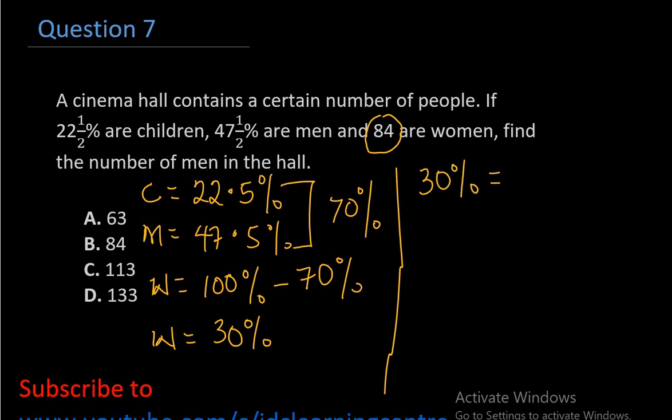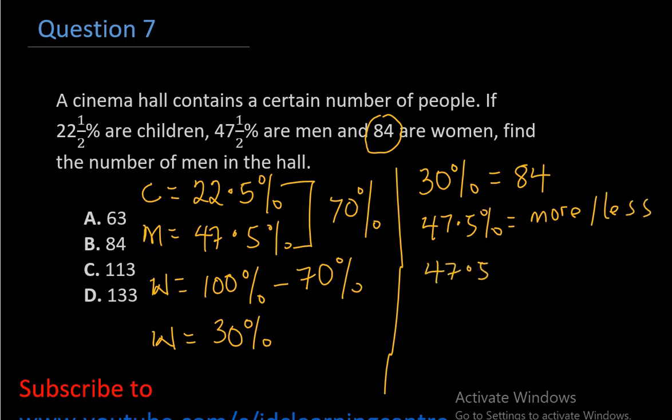Okay, so women, that is 30%. The number is 84. Men, that is 47.5%. The number will be more. Since it will be more, if more, less under, we just use proportion. So we divide 47.5%, if more, the less must be under, by 30%.